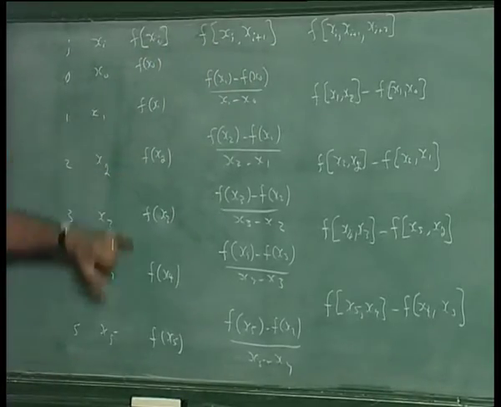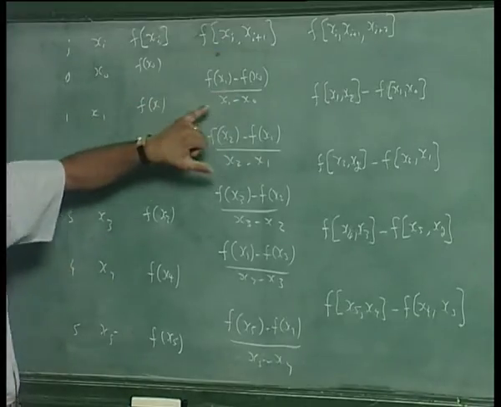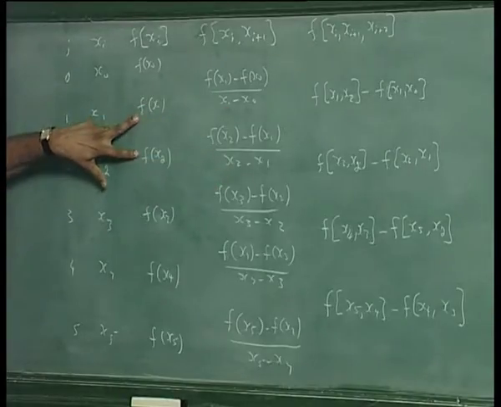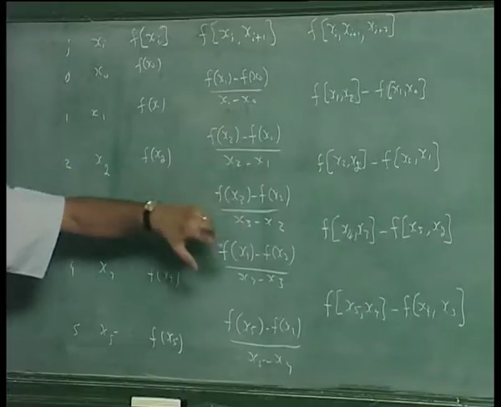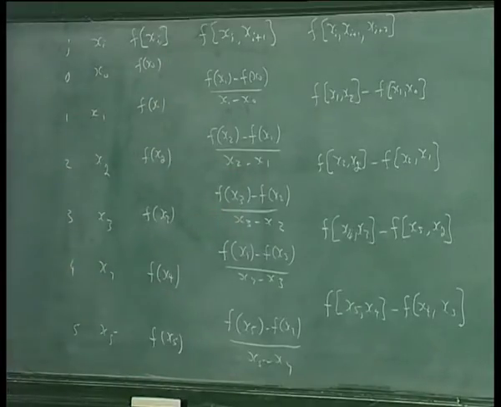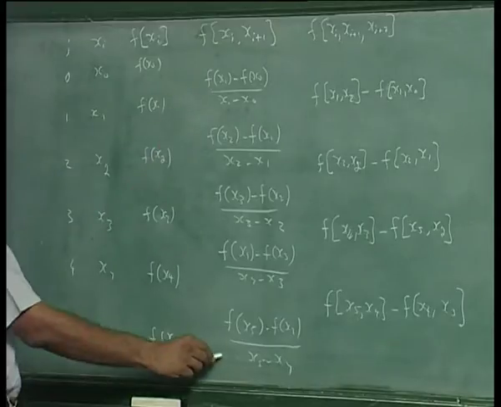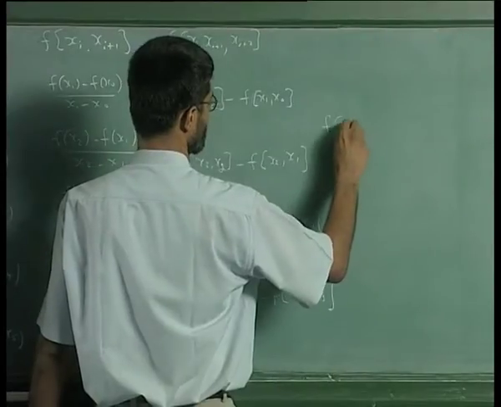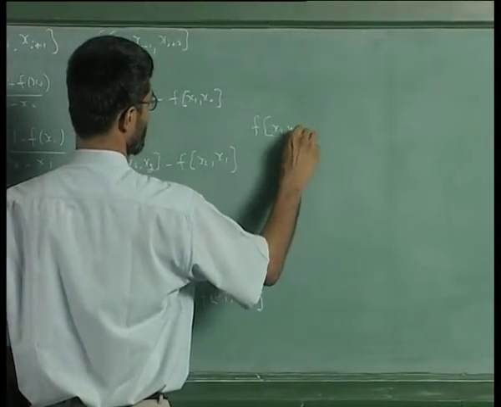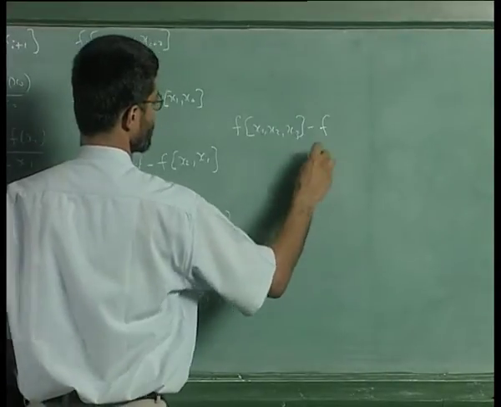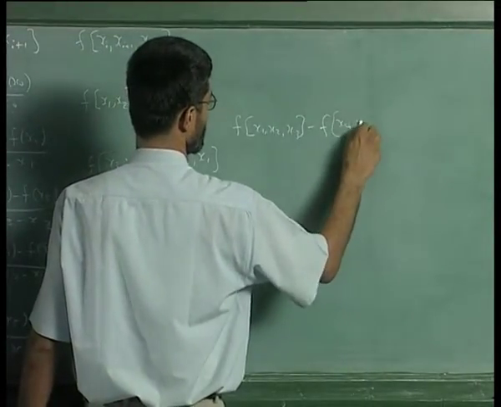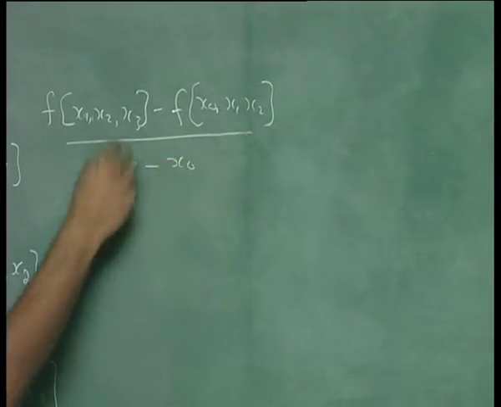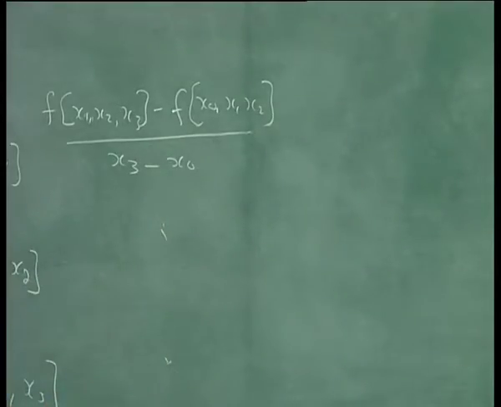So, we have the function value here, and then the next term would be the difference between these function values divided by x1 minus x0, and the difference between these function values divided by x2 minus x1, etc. That is the first order divided difference, and then you have the second order divided difference, and then you could write the third order divided difference here as f[x1, x2, x3] minus f[x0, x1, x2] divided by x3 minus x0, etc. Okay, so you could write down all these points.